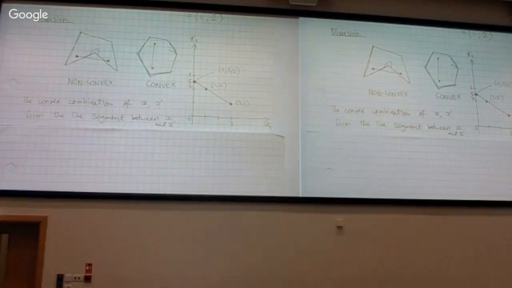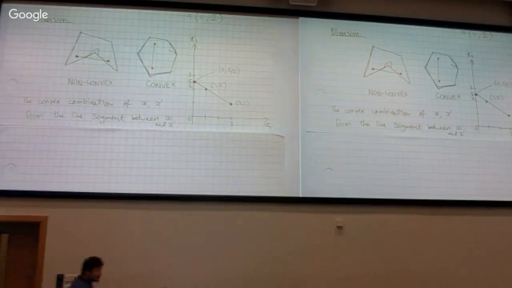So anything on the line segment is going to be an optimal. So any convex combination of 2 optimal solutions again. That's a statement. Where's the proof?